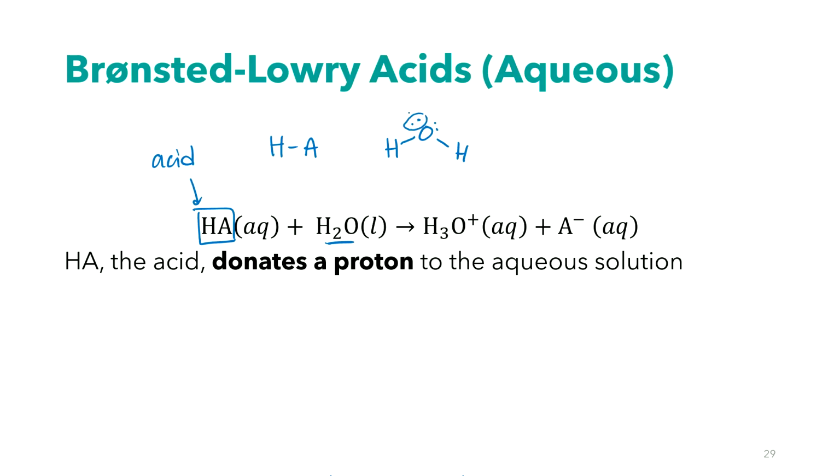Those electrons come over and take the proton. The shared electrons in this bond are given to A, whatever the rest of that acid molecule is. So that's the donating of the proton. And then we wind up with our H3O+.